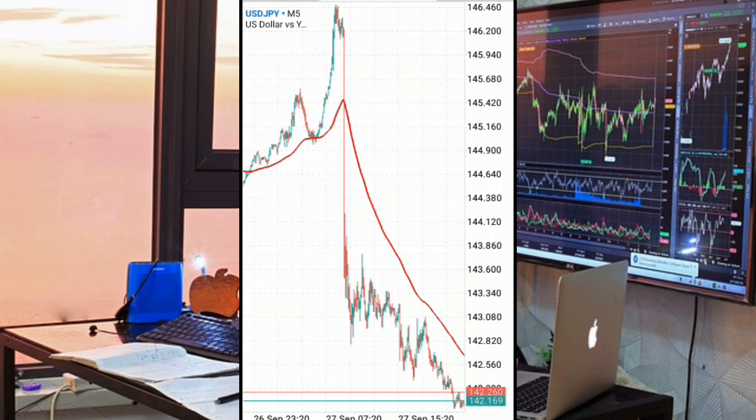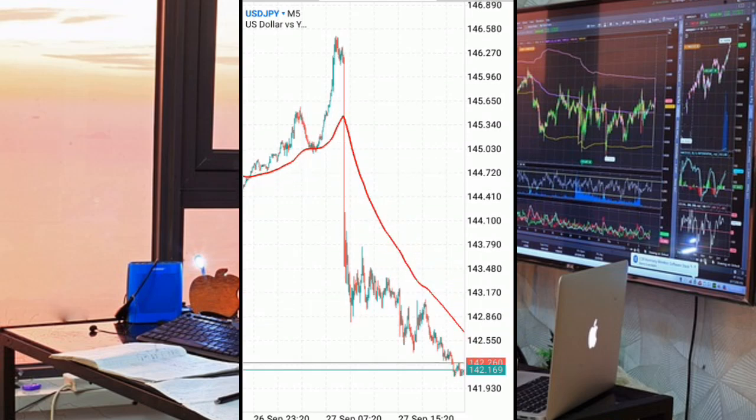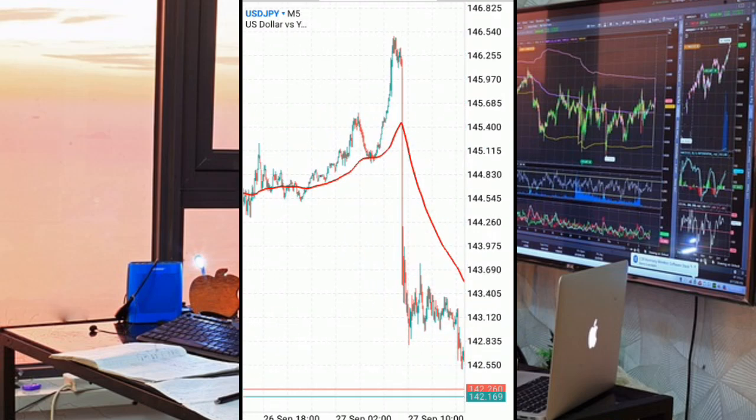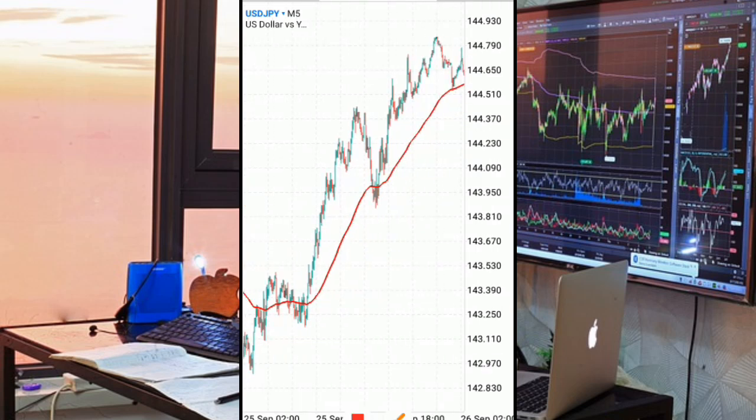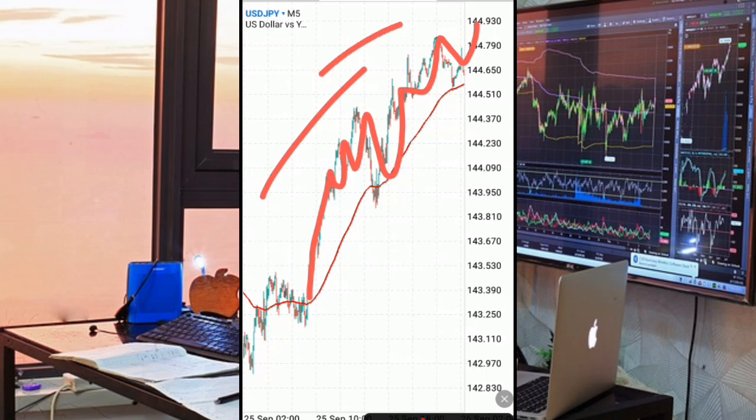So guys, I just want to show us today a small example on these things so that everyone can know what this is. So let's see. We said if price is like this, it means this is an uptrend.